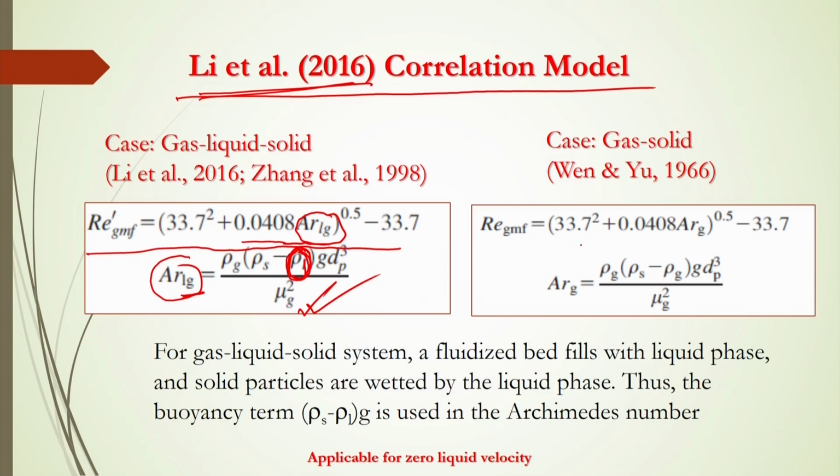For gas solid system, it is seen that this REMF is a function of again Archimedes number, but it is based on gas density, but other terms here, see 33.7, here also 33.7, all these are same, all the coefficients are also same. So, only here instead of rho G, here it will be rho L.